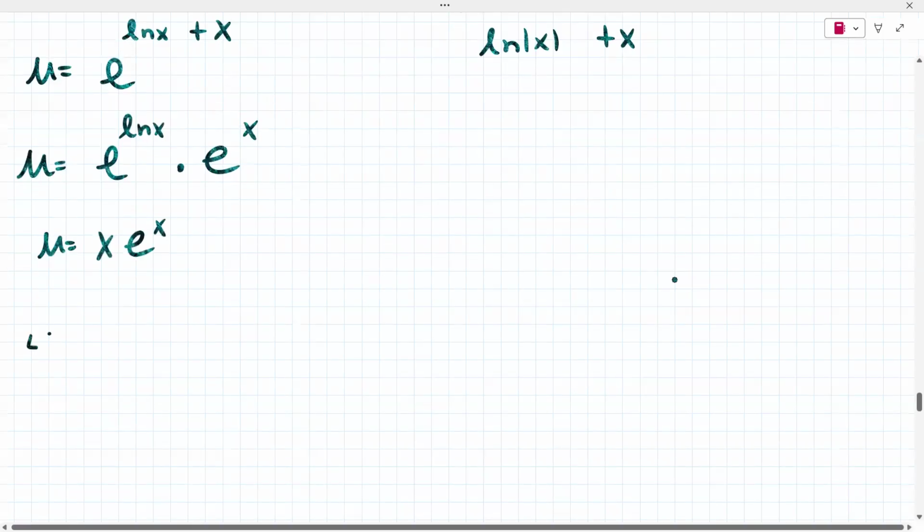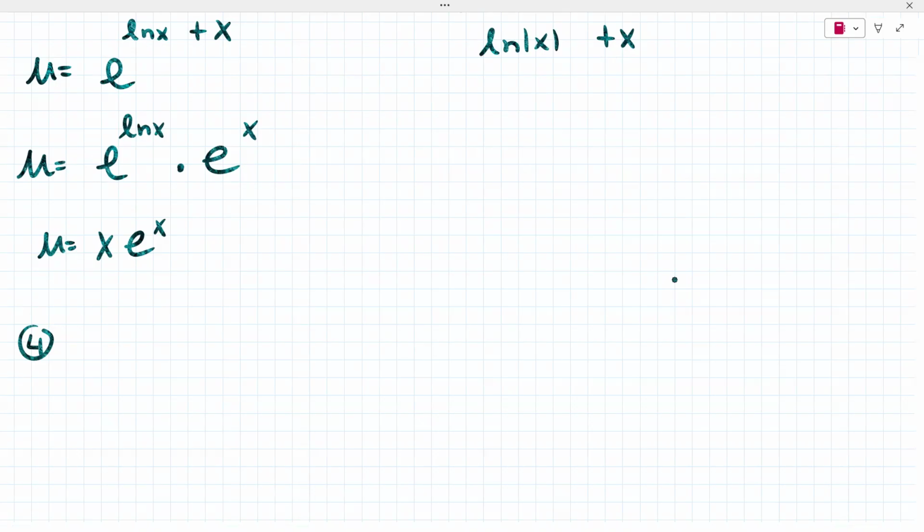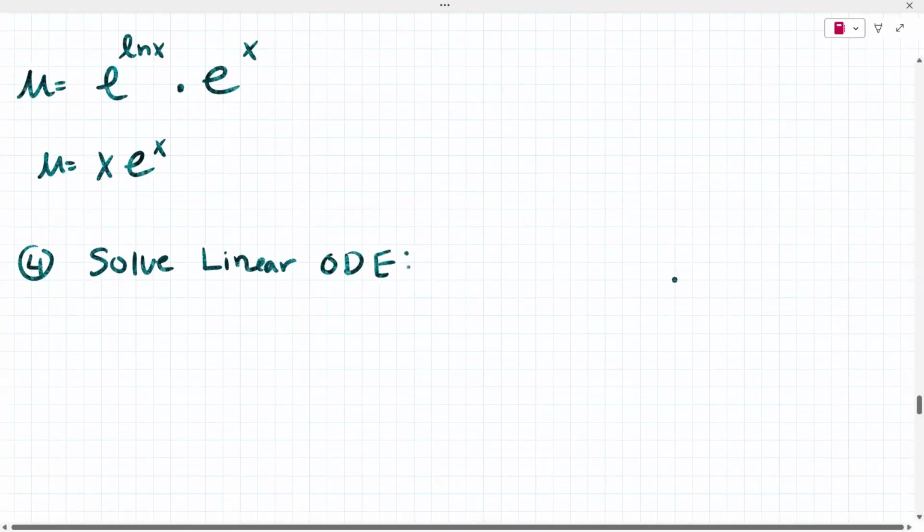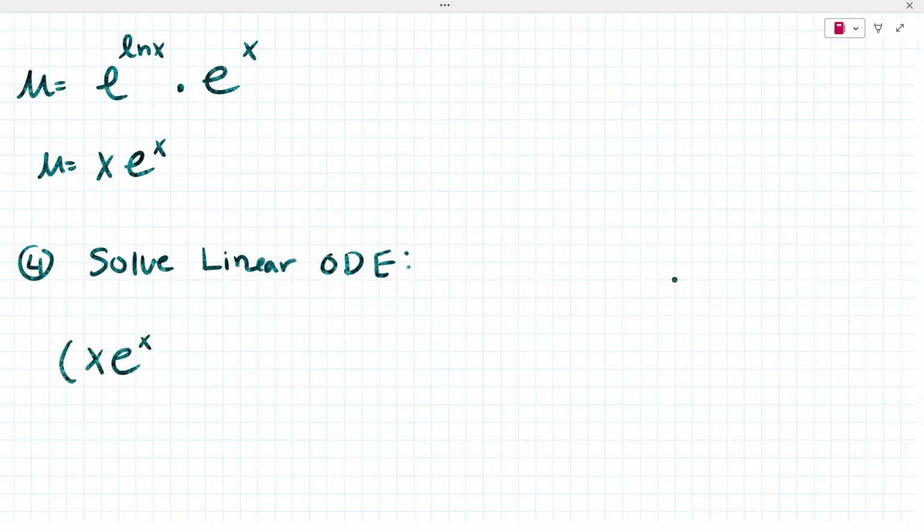So step 4 is solve the linear ordinary differential equation, right? So basically you're multiplying everything by mu. So this is going to be x times e to the x times du dx plus mu of 1 plus x.